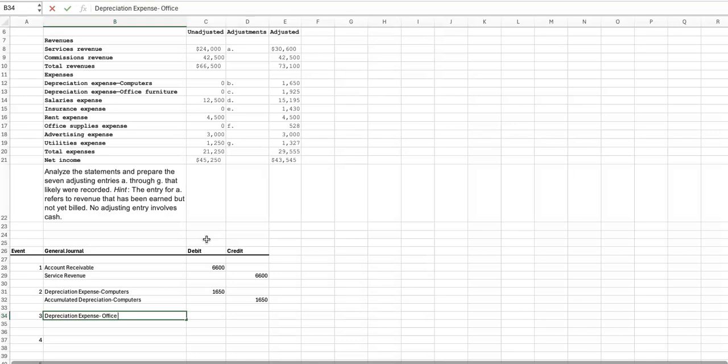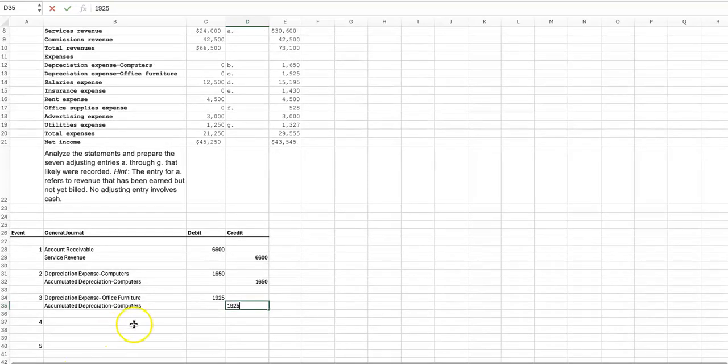So office furniture, like I said, 1,925 was the adjusted. Then the same thing for the accumulated depreciation. That one will go to the credit side, and it'll be 1,925.